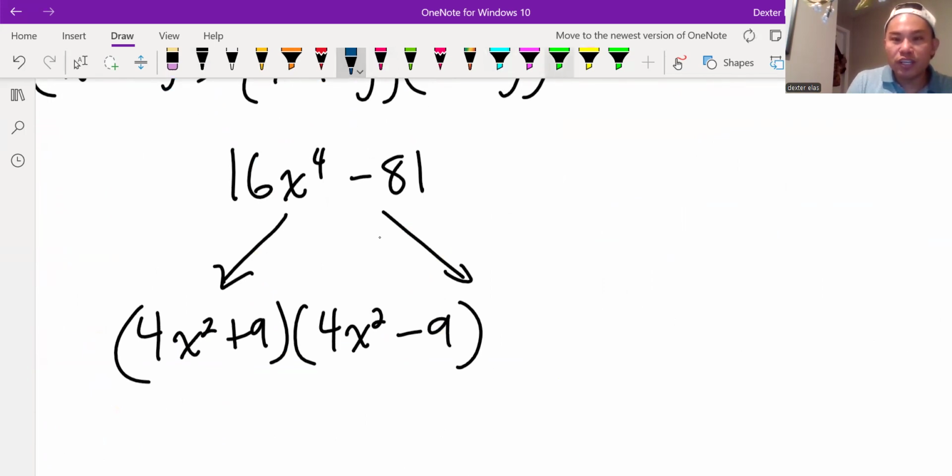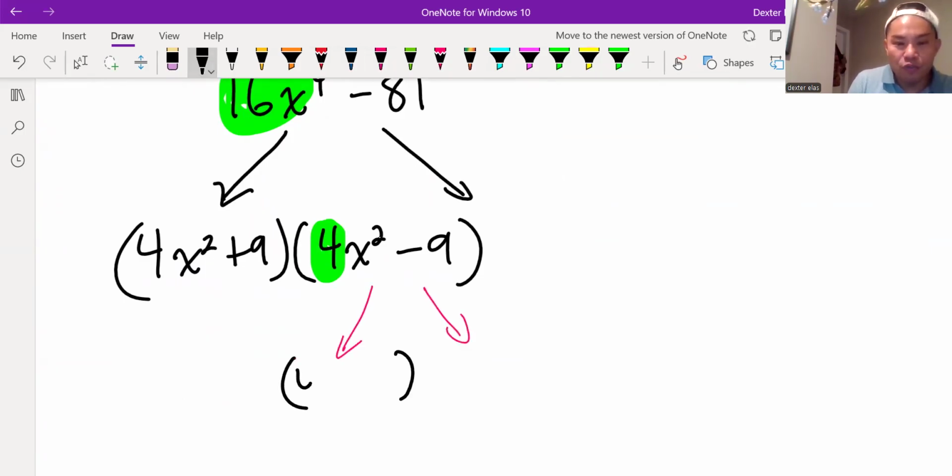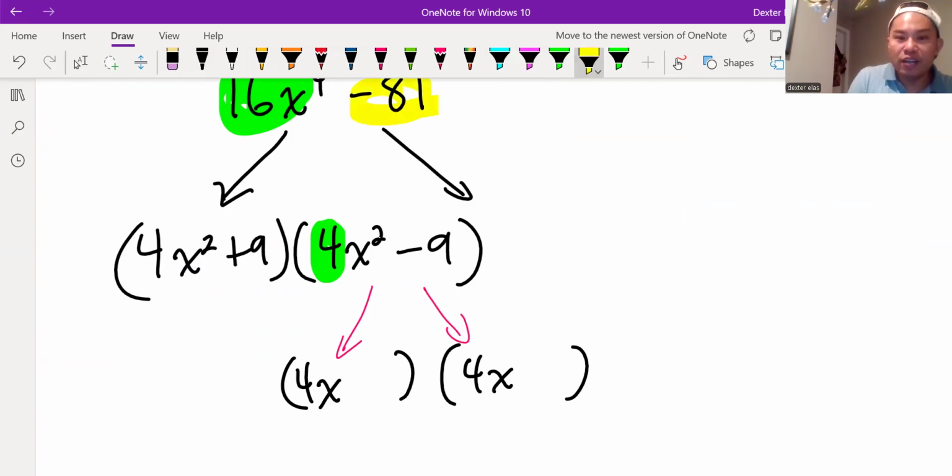Because if we look at the 16, the square root of it is 4, and 4 is another square, because that can split out with a first term of 4x. And the square root of 81 is 9, but 9 is also a square.